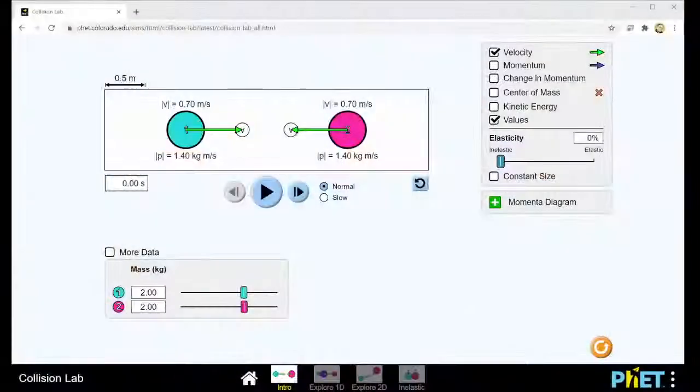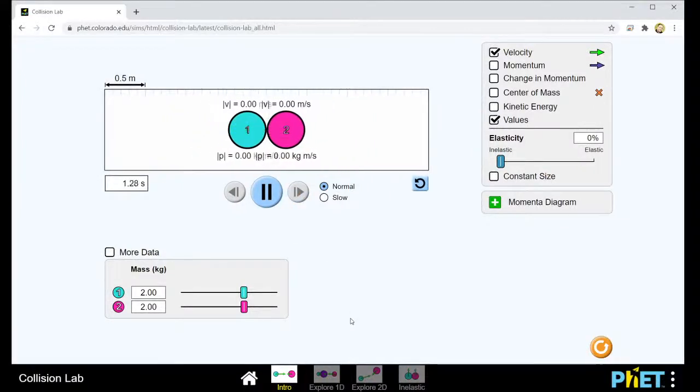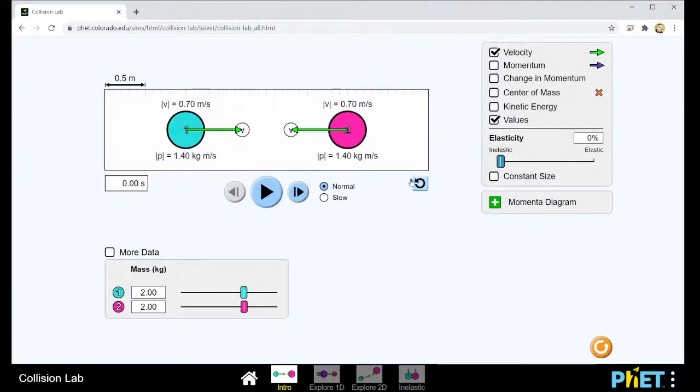So the only way you can have 2 things stick together and have a total momentum of 0 is if after they collide, they stop. Okay? Before they collide, you can have 0 momentum because they're moving in opposite directions. Boom. They stop.